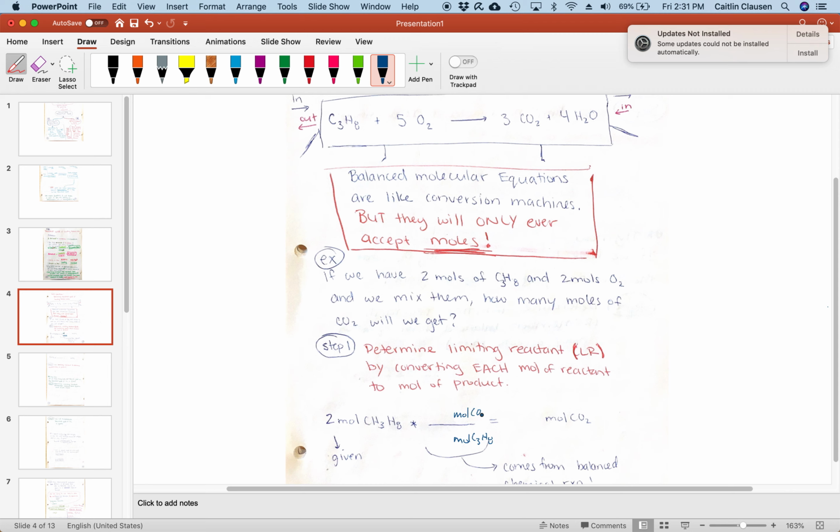So those have to go on the top. If I look at my conversion from the balanced chemical equation, I see there's 3 moles of CO2 produced for every 1 mole of propane. Right here, 1 mole of C3H8 for 3 moles of CO2. If I do the math, 2 times 3, it'll give me 6 moles of CO2.